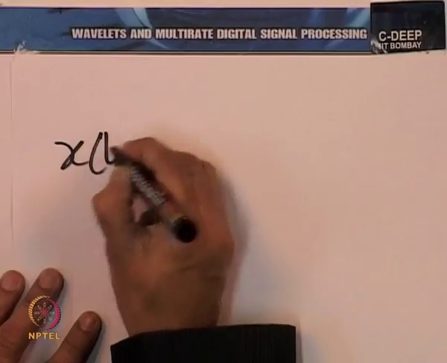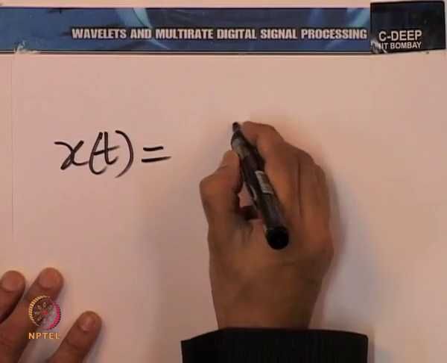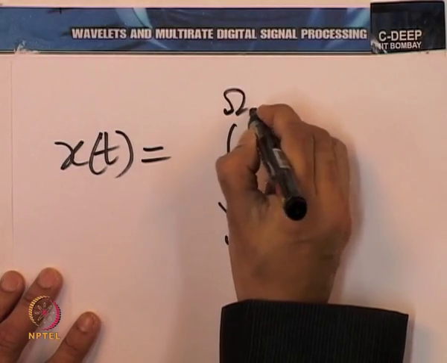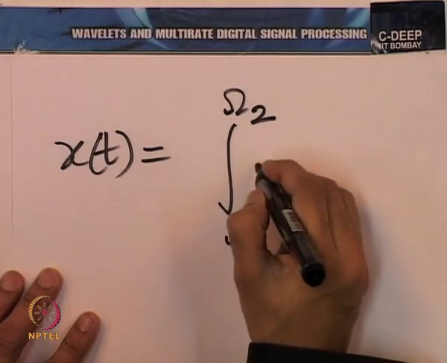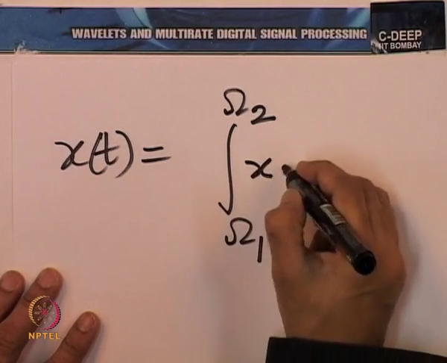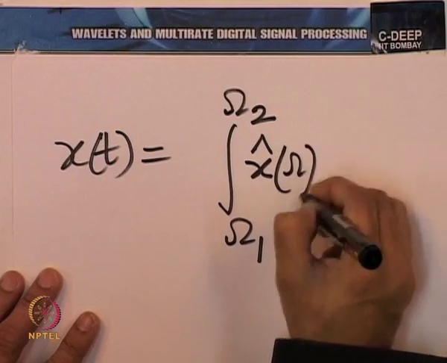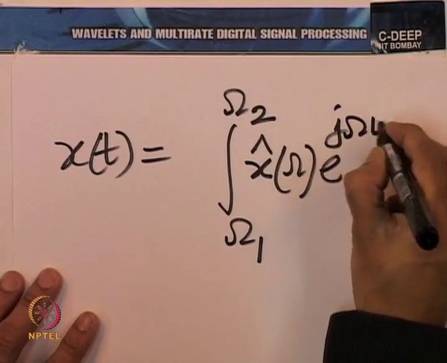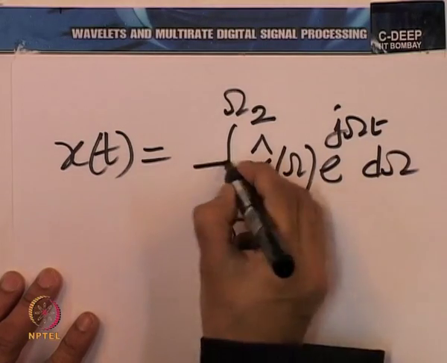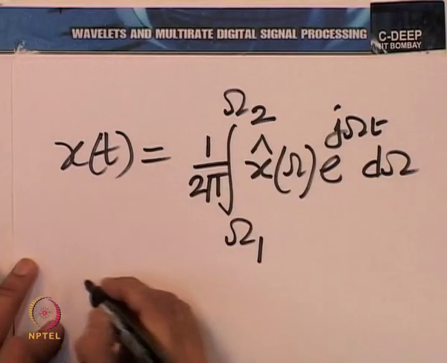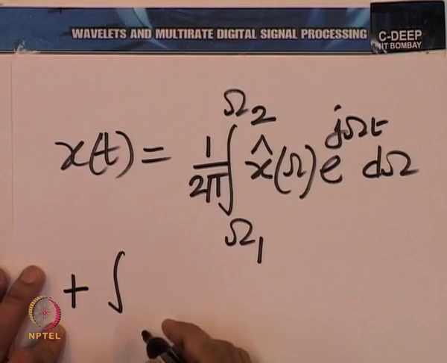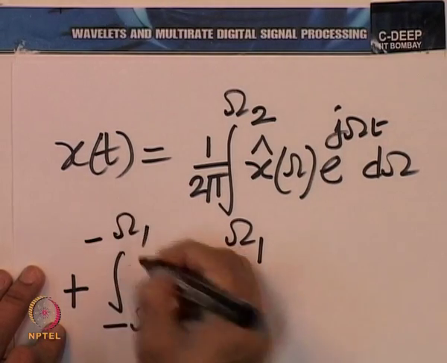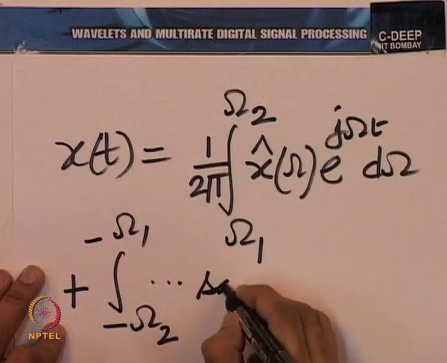So, x(t) is then going to have a finite integration involved, plus the same thing on the negative side with the same integrand.